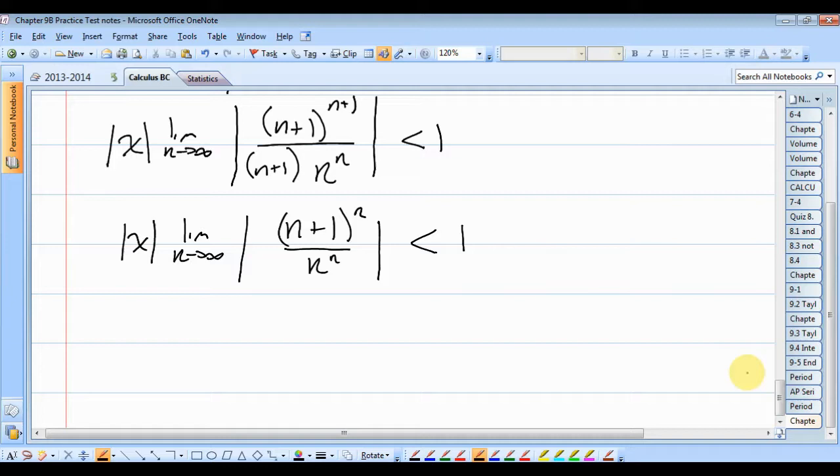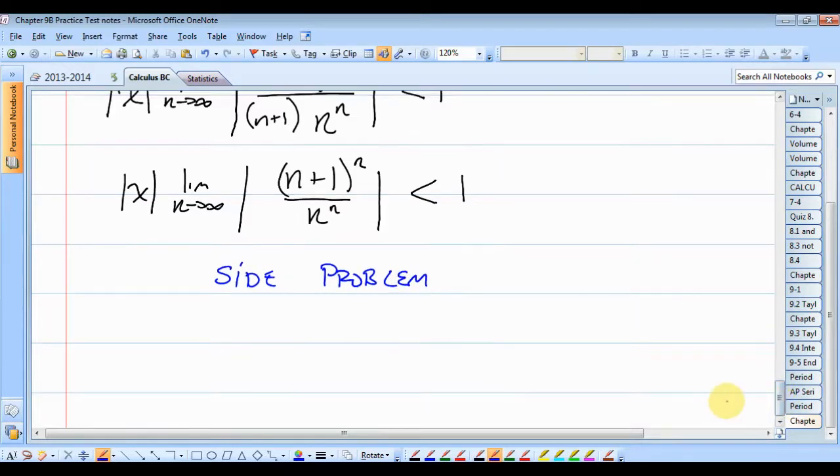Do you remember what to do when you have a power and a limit? The P series? No. I'm just talking about the limits. Okay. So this is now a side problem. Again, this is a side problem.